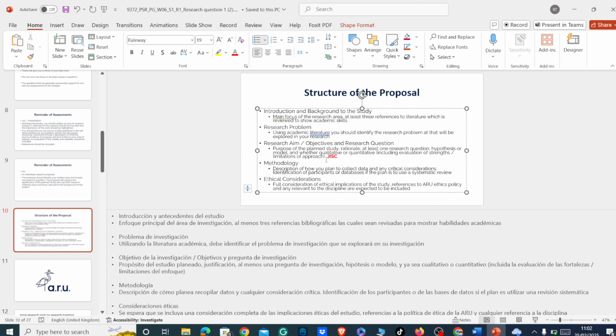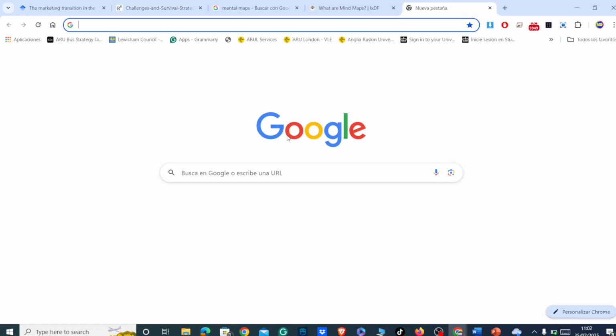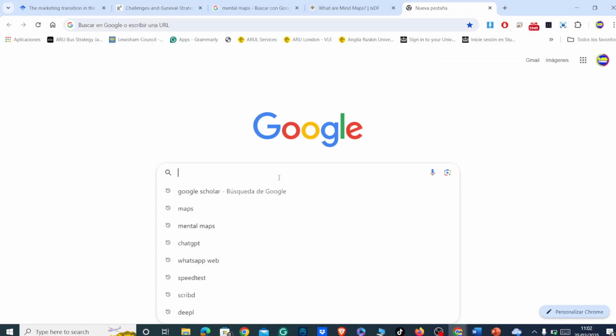JISC. It's an acronym, I can't remember what it stands for. I think it might be some sort of quango, or a not-for-profit. Is that a J? Yeah, JISC. Probably .org, maybe .com. Is it JISC.com?